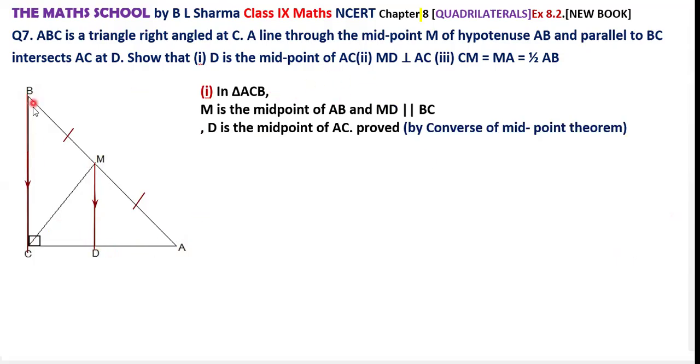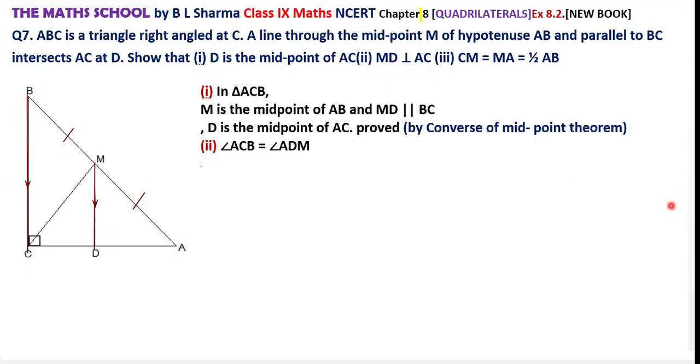Now since this BC and MD are parallel, this angle and these two angles are corresponding angles. This angle is 90 degrees, so this angle will also be 90 degrees. Corresponding angles are equal. So MD is perpendicular to AC. Second part is also proved, but how to write?